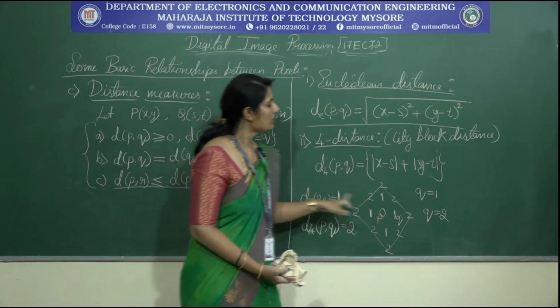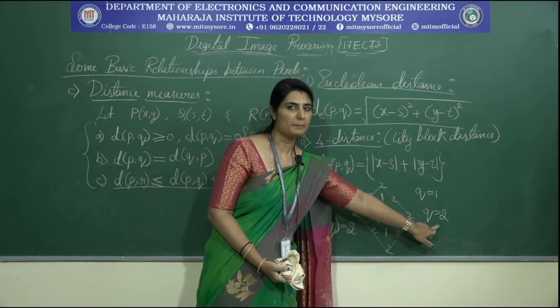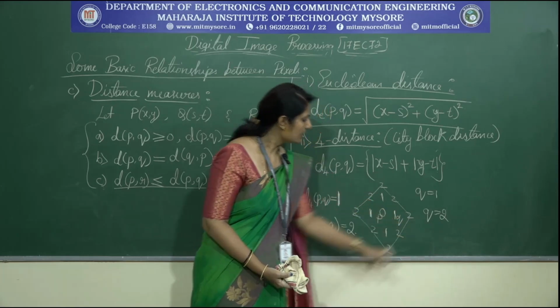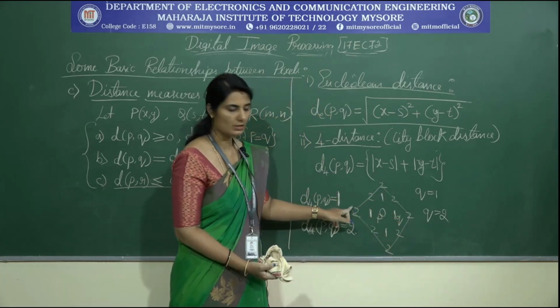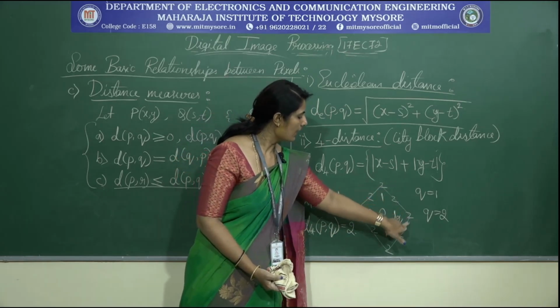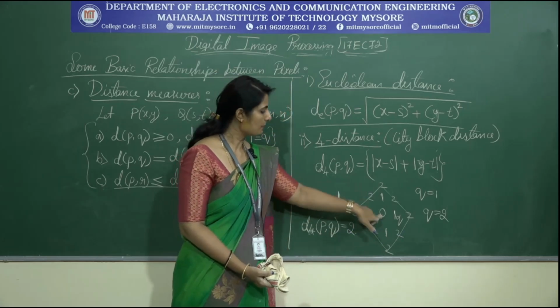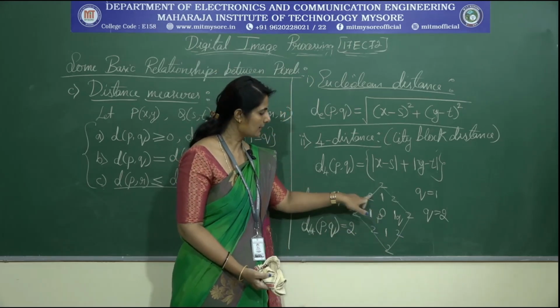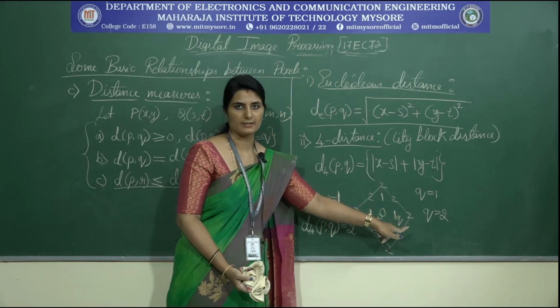If I say the distance of Q is 2 from P, then it means that Q lies on the second contour, that is, these values have the distance 2 from the center pixel P. So Q must be one among these pixels.